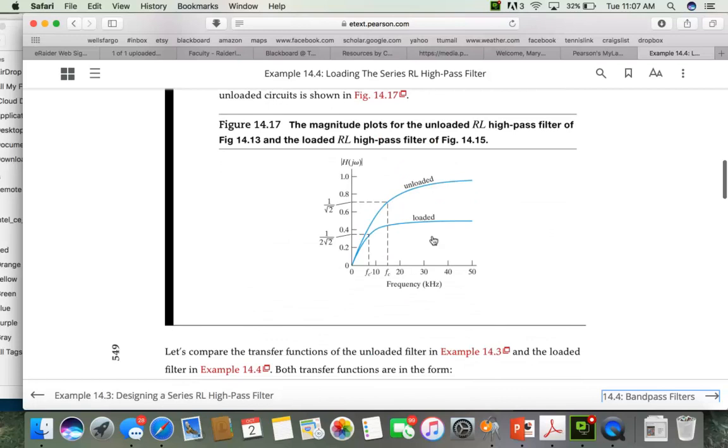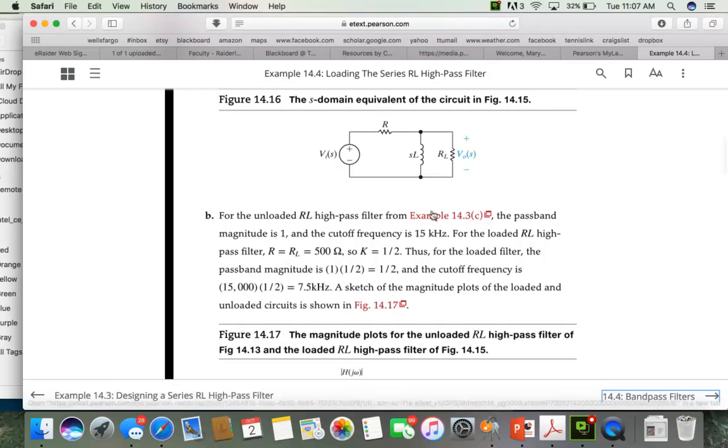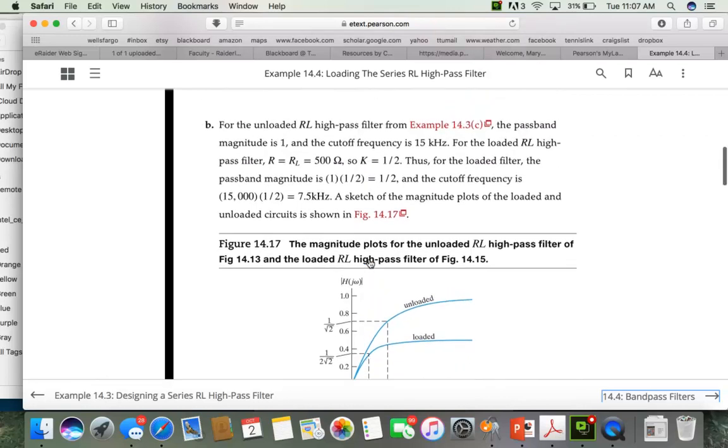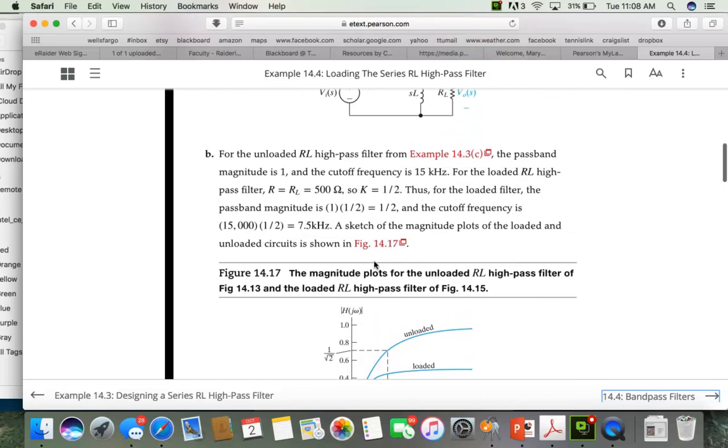We can actually do the mathematics, and we can look here at what happens for a specific filter when you have both a loaded and an unloaded case. So first of all, you note that we have an unloaded filter.